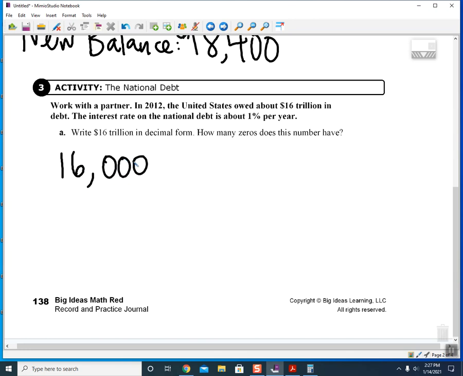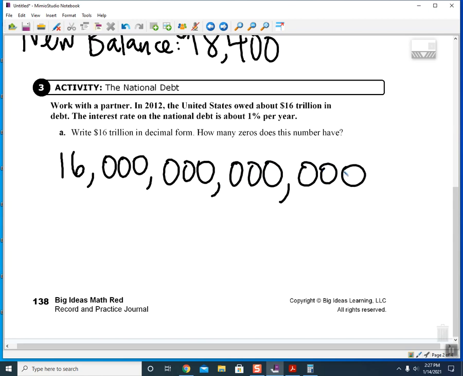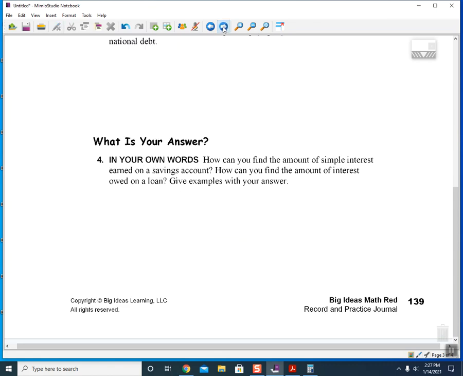Here's 16,000, here is 16 million, here is 16 billion, here is 16 trillion. So we have 1, 2, 3, 4, 5, 6, 7, 8, 9, 10, 11, 12 zeros. We're dealing with 12 zeros here in terms of money, right? $16 trillion. So let's look at what that means.